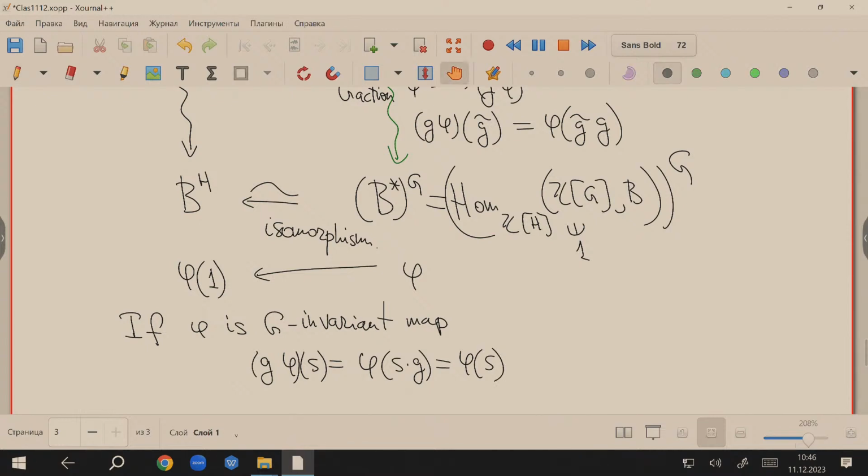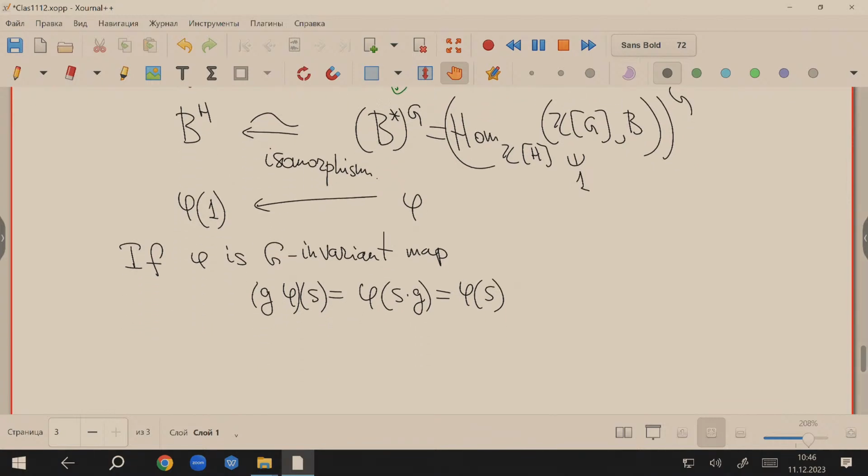But if you are thinking just of H, that is the restriction to H, this gives you the map from H to B. And phi(e) is equal to phi(h).